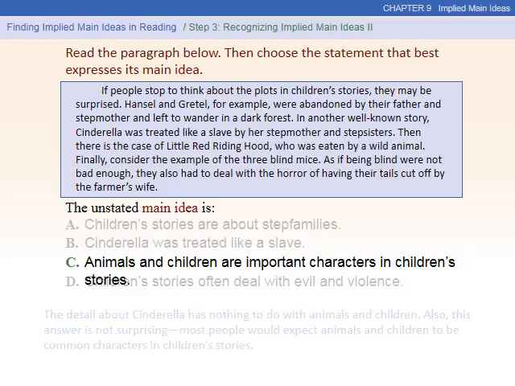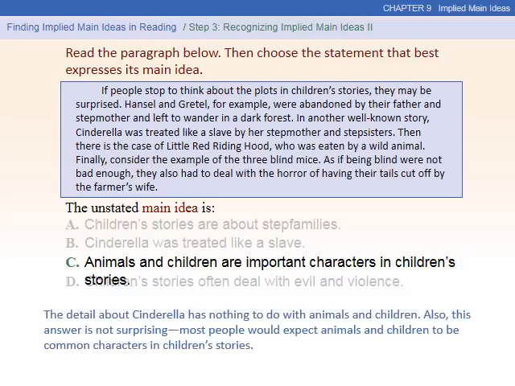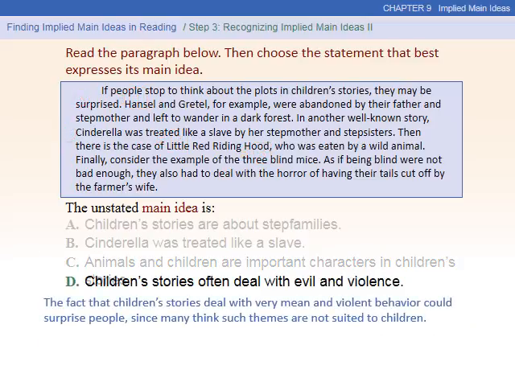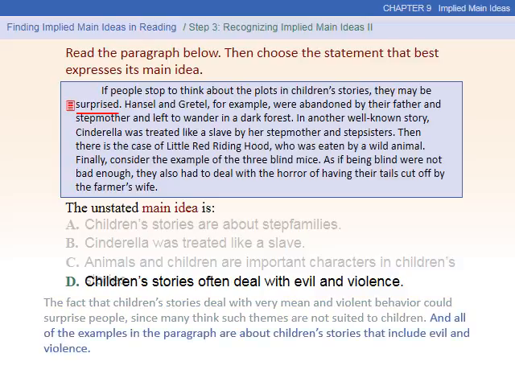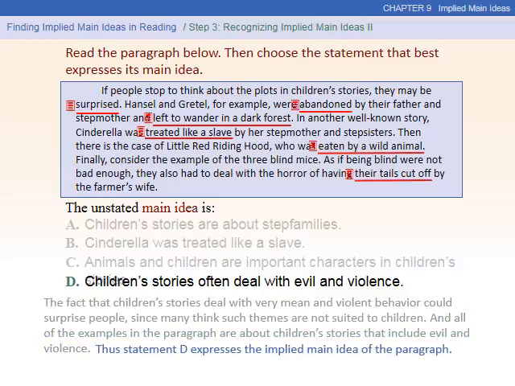The third one has nothing to do with animals and children in the story of Cinderella. It depends. You could treat Cinderella as a child, but it's also not a particularly surprising fact. And so our last one is going to be the best one, okay? Because each one of these is dealing with violence, and it's surprising that a children's story would be about violence.